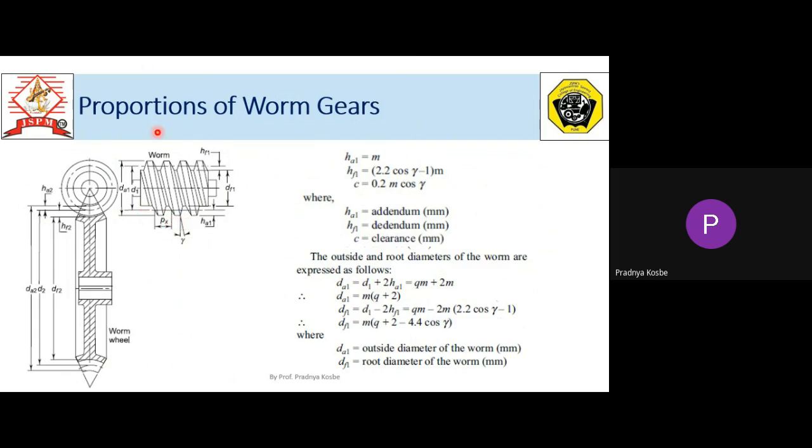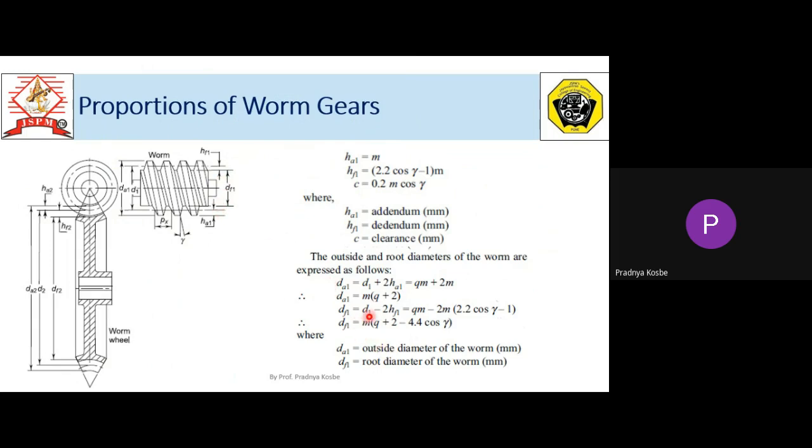Same way DF1. DF1 is the inner diameter or root diameter of the worm. It will be D1, and below that HF1, from this side and from this side.